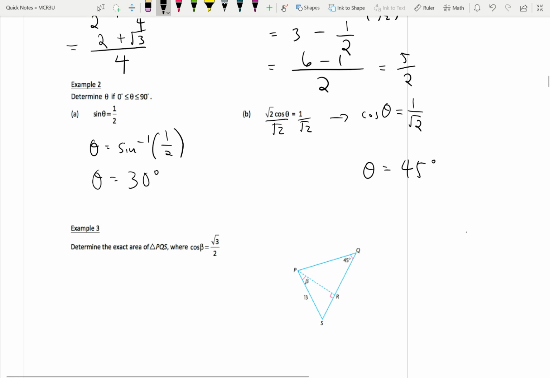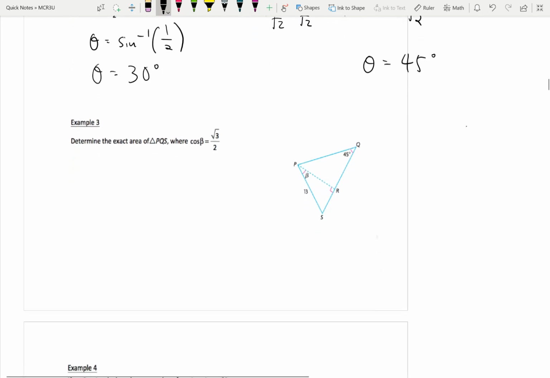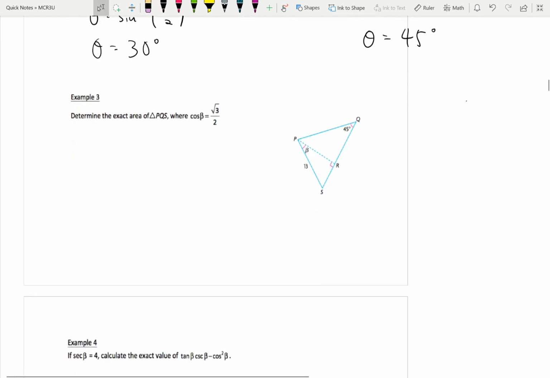Okay, not too difficult. Example 3 is now what I would say is a little more difficult, but not to worry. What we have is that we're looking for the exact area of this triangle. So remember, let's refresh what we need to solve this question: area of a triangle is base times height divided by 2.